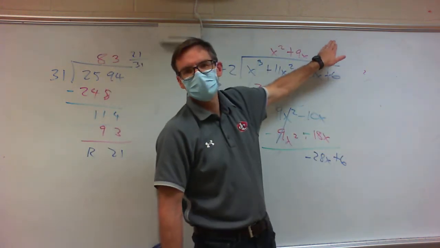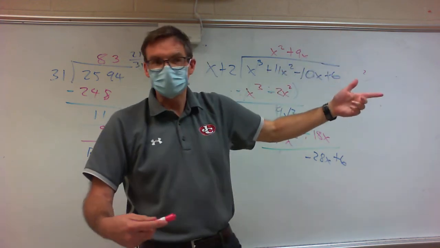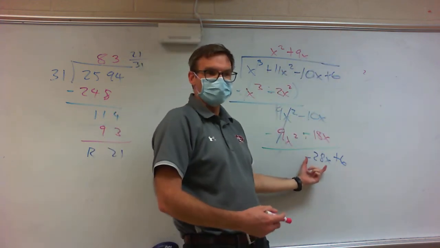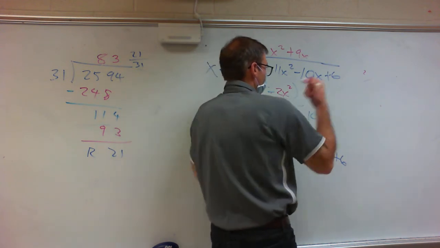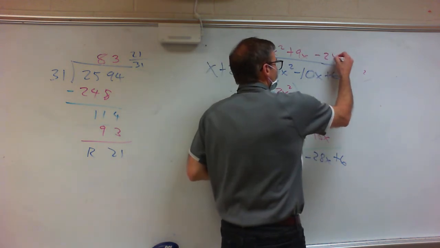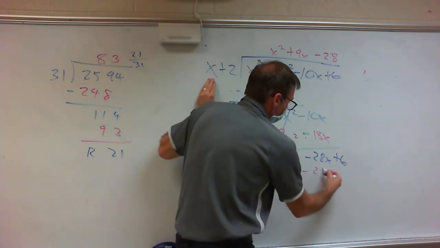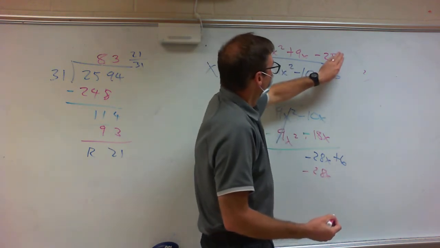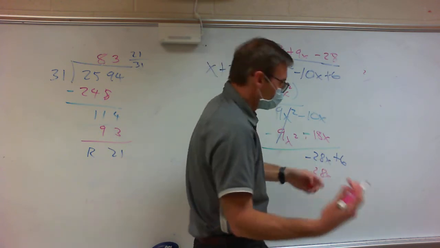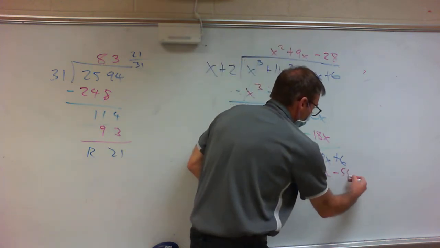So what has to go here? Negative 28, right? Because it's got to match exactly. Negative 28 times x gives me a minus 28x, and the negative 28 times 2 is a negative 56.